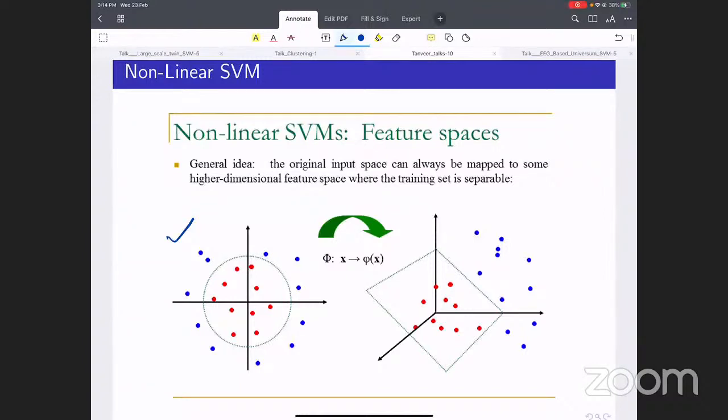So we transform this data to a higher dimension space with some map. Suppose this is phi, from Rn to Rm. On the left side, n equals 2, meaning R2, and this could be in some dimension m, where m is strictly greater than n.